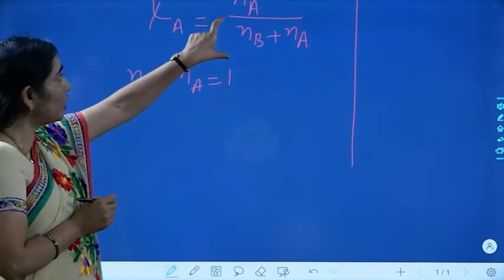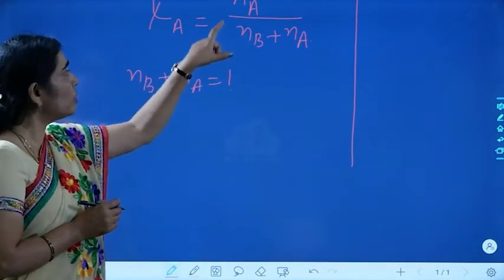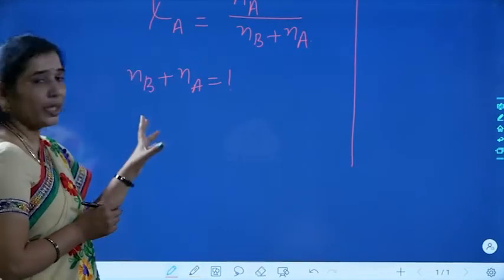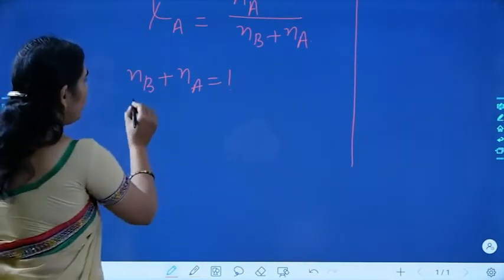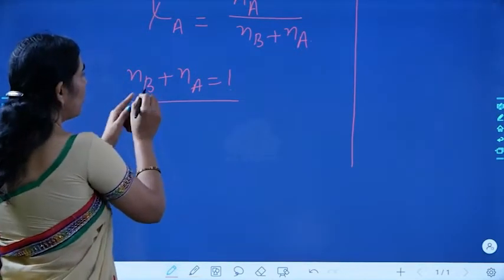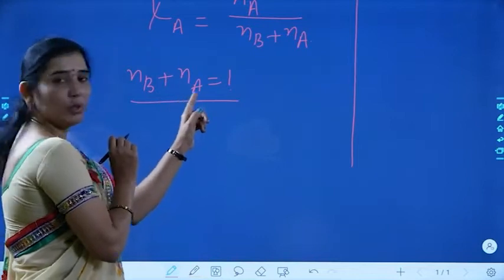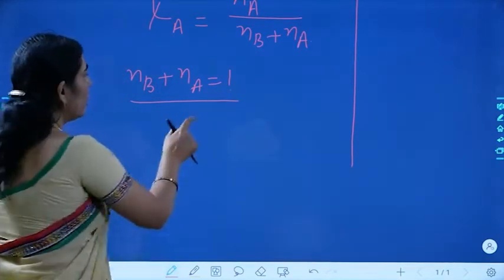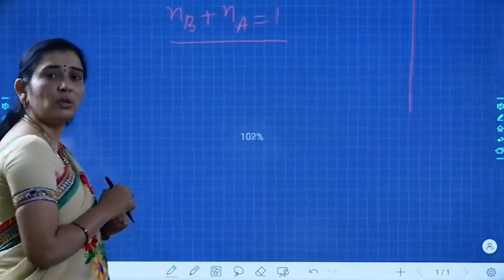Whereas when you take the fraction with respect to solute or solvent individually, you will get less than 1. But when you take the total, the sum of the mole fractions of solute and solvent is always equal to 1.